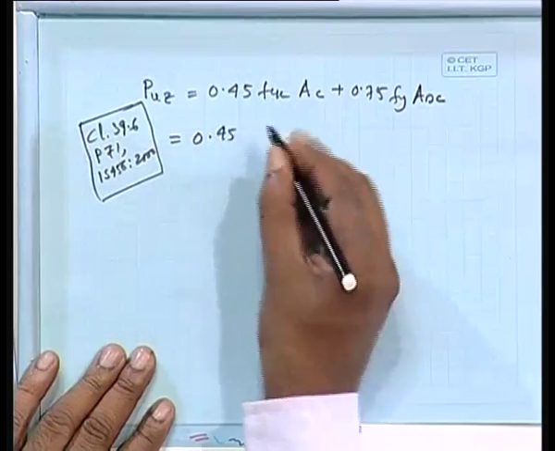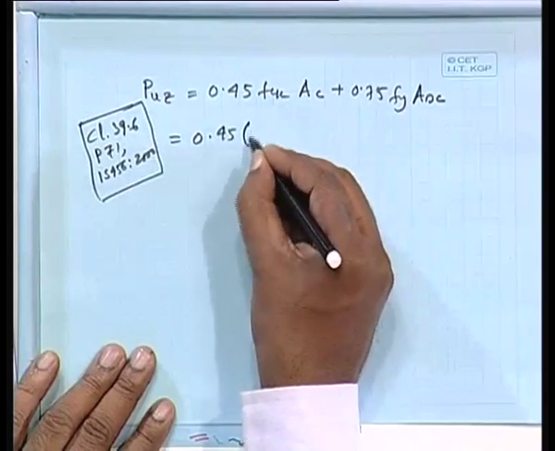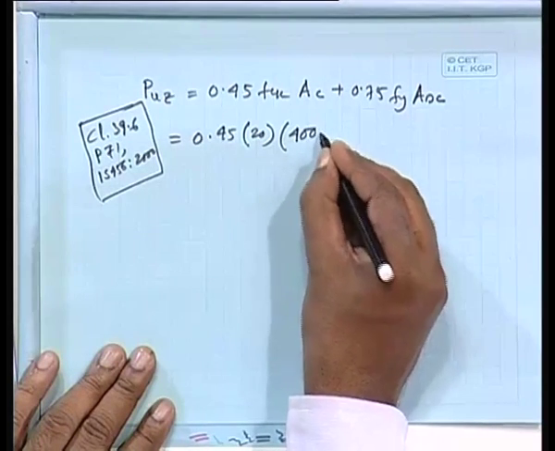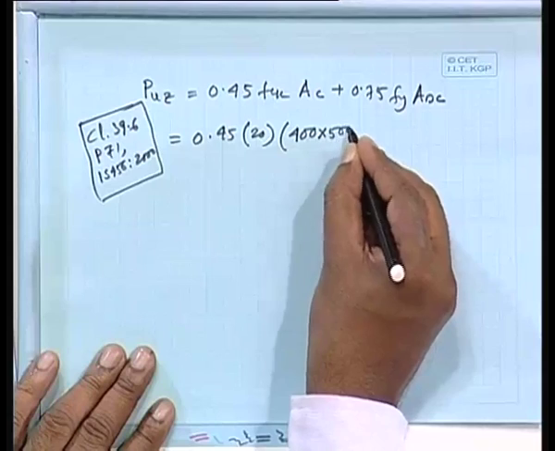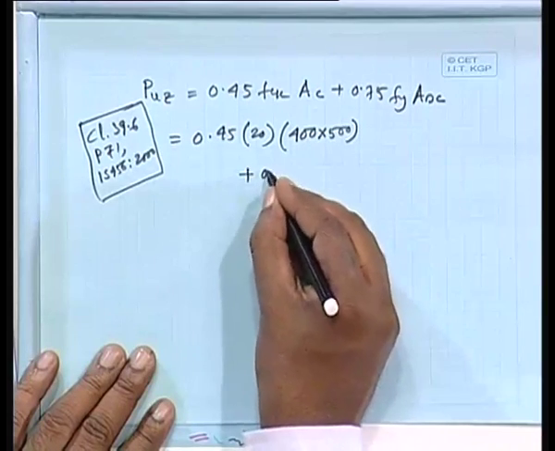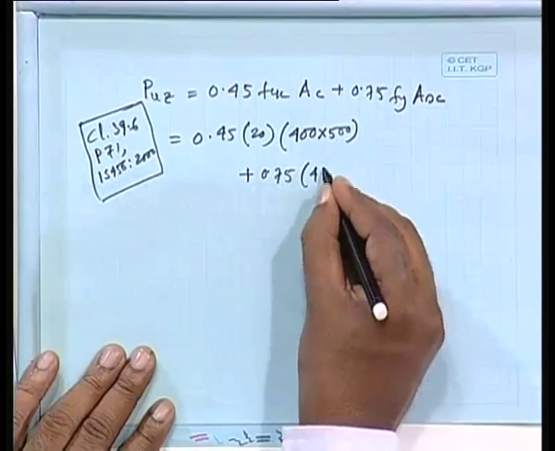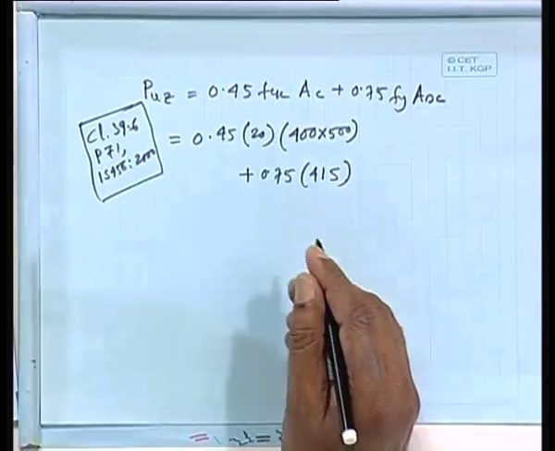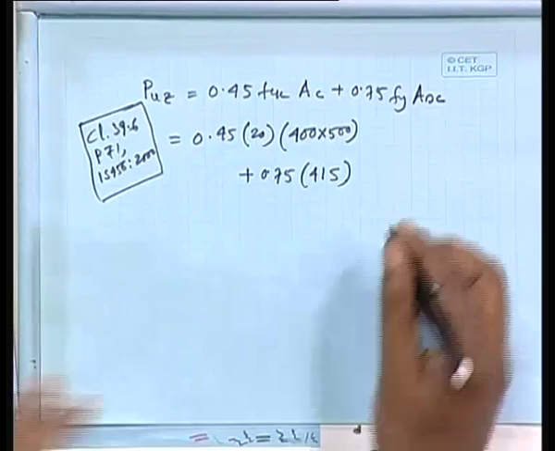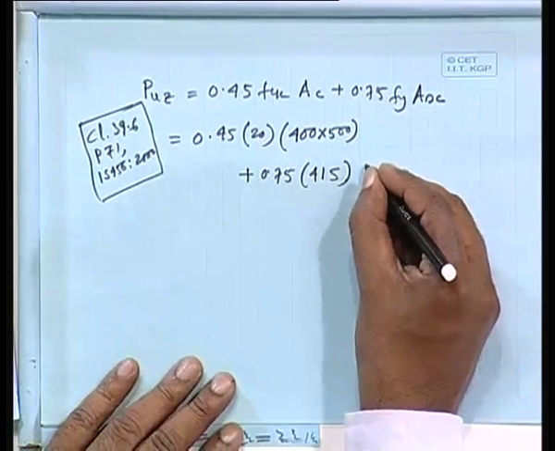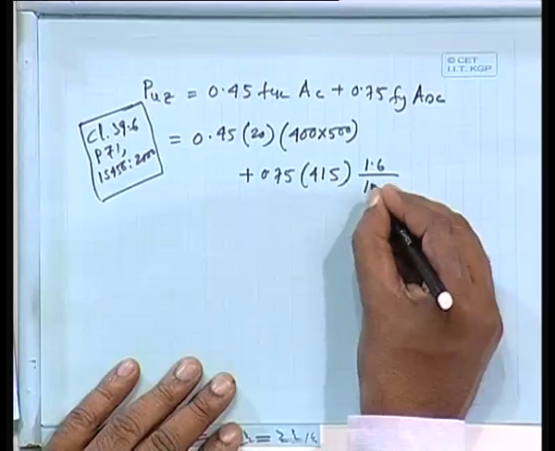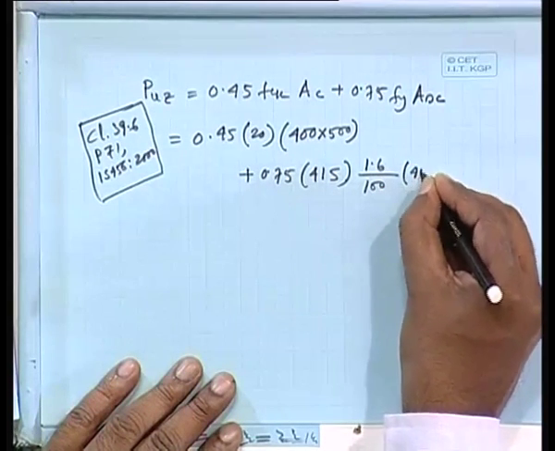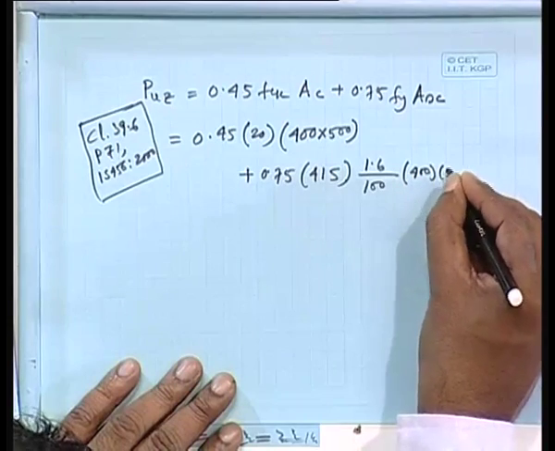So 0.45 times 20 times 400 times 500 plus 0.75 times 415 times P. How much have we chosen P? P equal to 1.6. So 1.6 by 100 times 400 times 500.